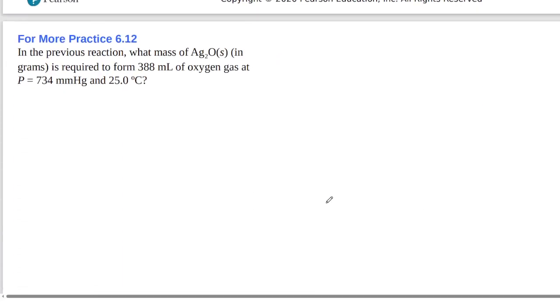Next, we'll work the more practice problem. In the previous reaction, what mass of silver oxide in grams is required to form 388 milliliters of oxygen gas at pressure equals 734 millimeters of mercury and 25 degrees C? Our first step would be to find the moles of O2 from PV equals nRT.